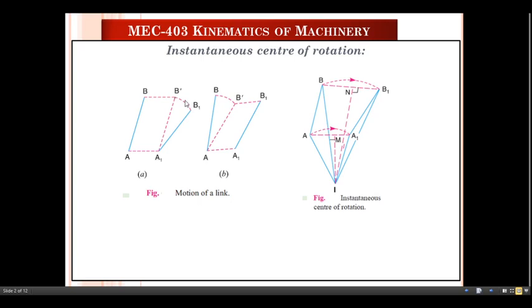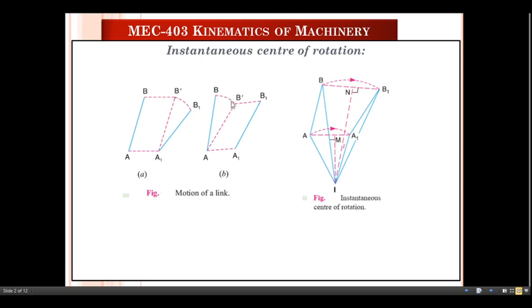Now, this motion is nothing but a combination of translation motion as well as rotational motion. Now, if you take another journey of the same link, if I consider initially AB is here, and by considering the A point fixed, the B will move to a next position, that is B1 dash.